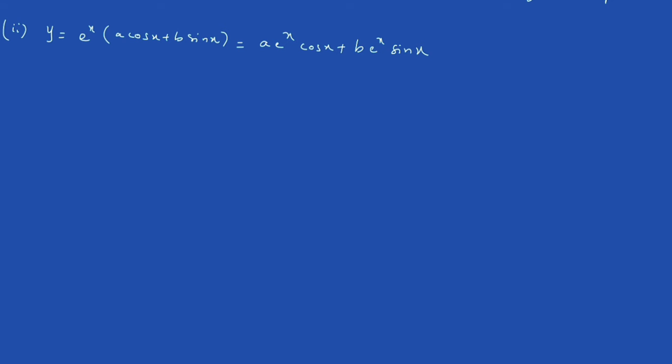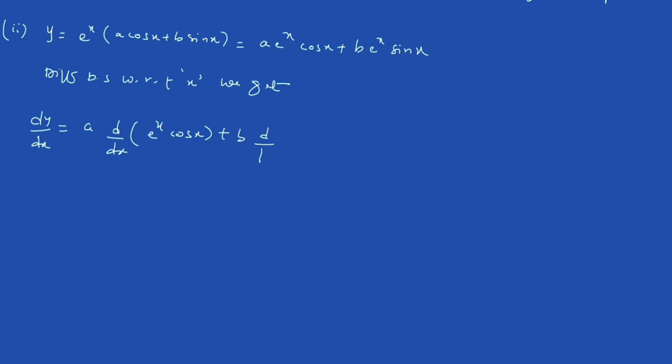So differentiating both sides with respect to x here also. Then we get dy by dx, which is equal to a outside d by dx of e to the power of x cos x plus b outside d by dx of e to the power of x sin x, right? So again dy by dx equals a.